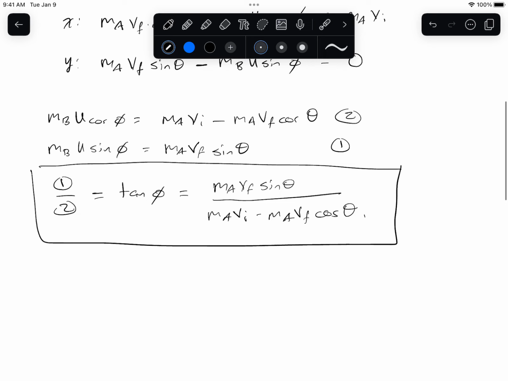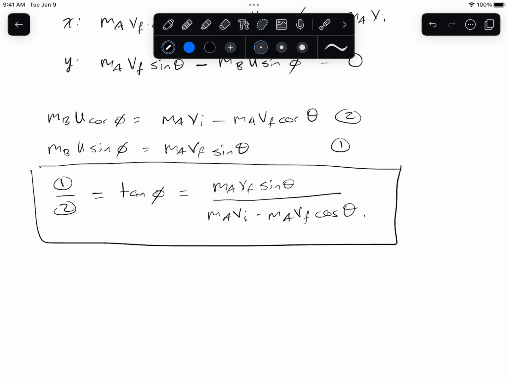How could I solve for u? Well, if we look at these equations, if we want to get rid of phi instead, one way to do that is that we know that sine squared plus cosine squared is equal to 1. And so that would get rid of those trig functions. So let's go ahead and square this equation and add them together.